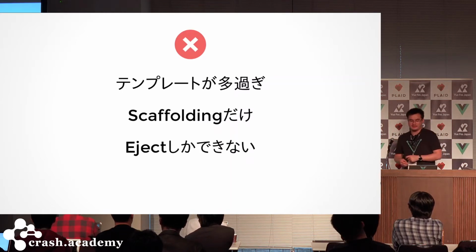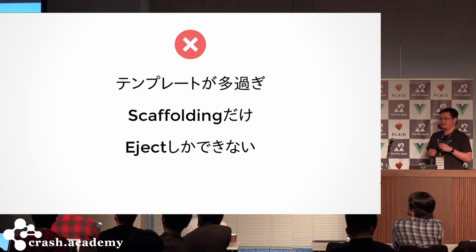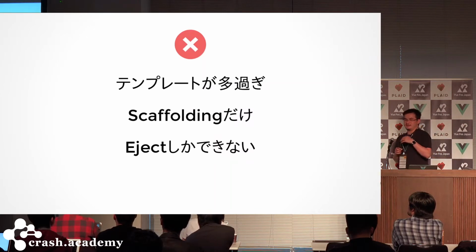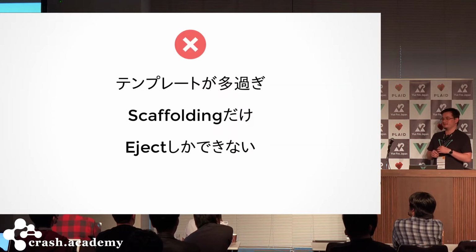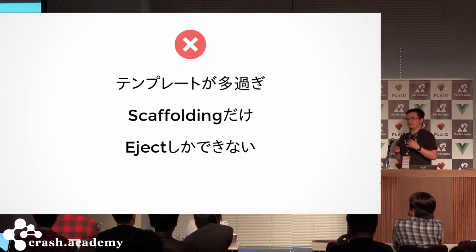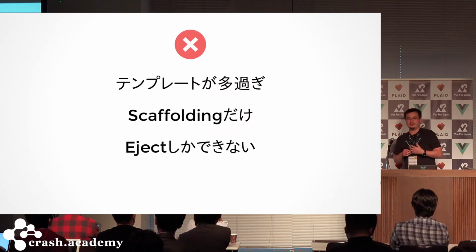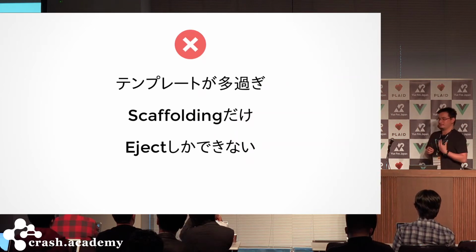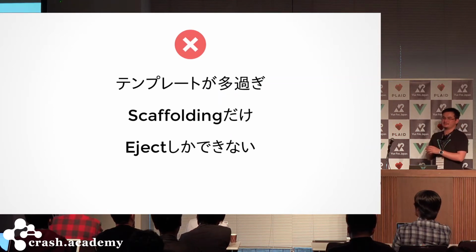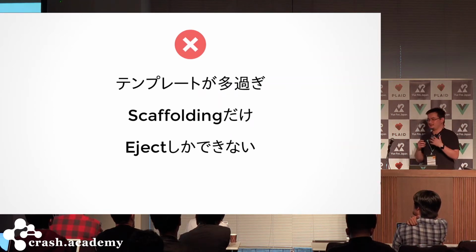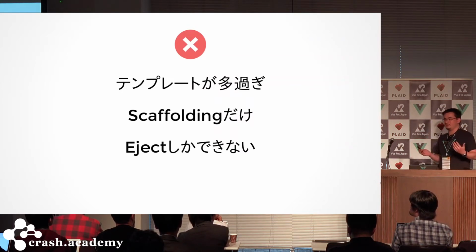And the big problem associated with that is it was ejecting you as soon as you used Vue init, which means you were basically alone. Your project was created, which was great, but all the build configuration was also in your project, and basically Vue CLI was not responsible for anything anymore.